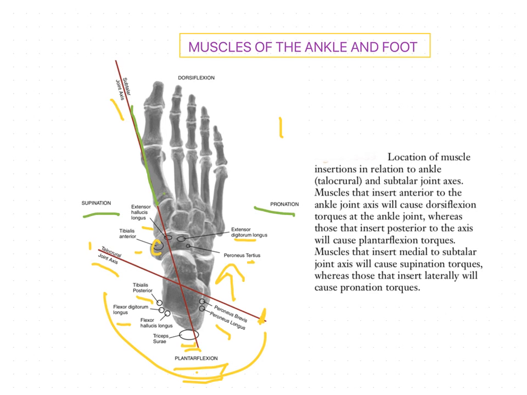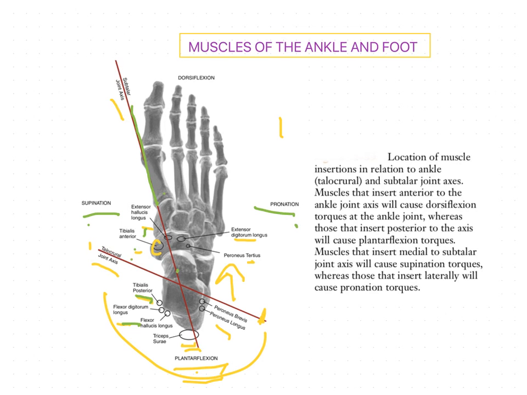So what are the muscles present medial to this axis? They include extensor hallucis longus, tibialis anterior, and also tibialis posterior. All of these are on the medial side.